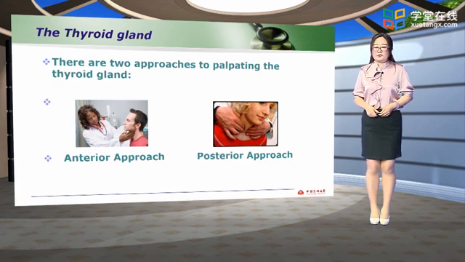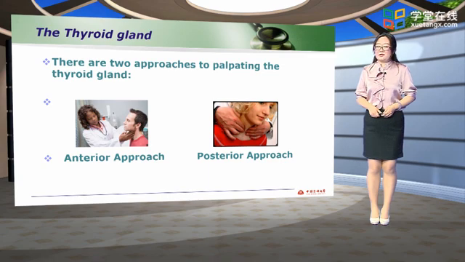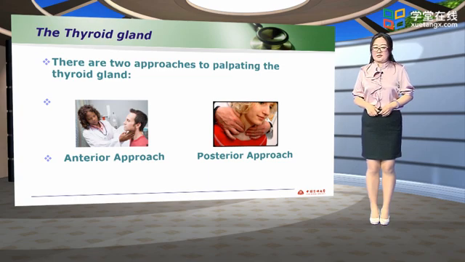That's the anterior approach. Posterior approach means that the examiner stands behind the patient. First, we also palpate the isthmus. After that, the examiner uses the left hand's fingers to push the trachea slightly to the opposite side, then tells the patient to swallow, and the right lobe of the thyroid gland is palpated under the examiner's right hand fingers.